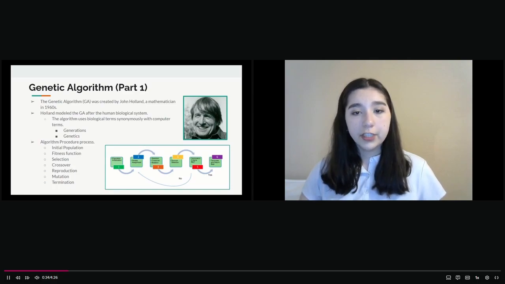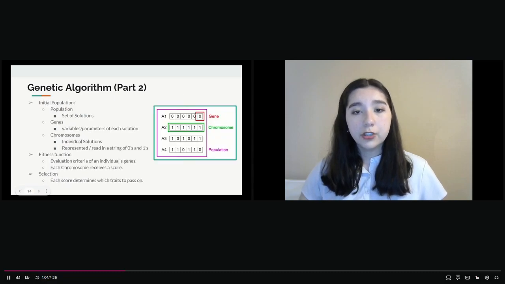Generations refers to iterations, and through each iteration, it will improve the pathfinding solutions or genetics through every evolutionary cycle. More about these terms will be explained as we go through the algorithm. The algorithm procedure process includes initial population, fitness function, selection, crossover, reproduction, mutation, and termination, which is demonstrated in this process below in the image.